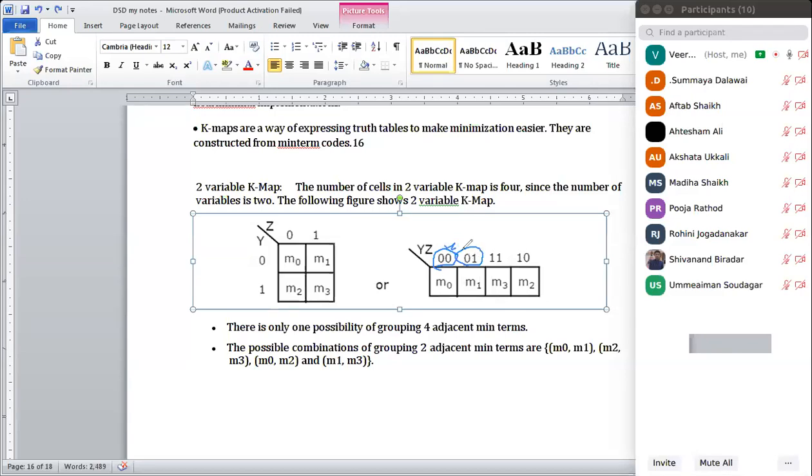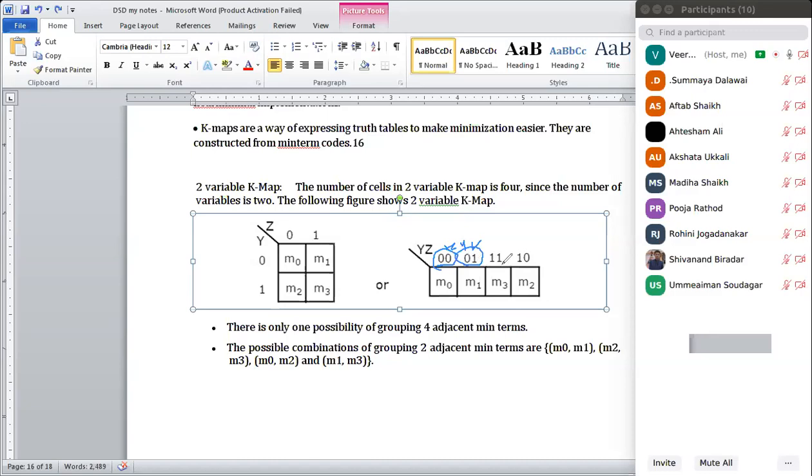In the next term, y remains 0 only, and the z value changes from 0 to 1. That is called a transition. Transition means the value is changing. So z is transiting from 0 to 1, y is remaining as it is.